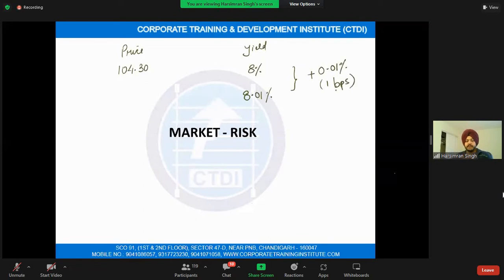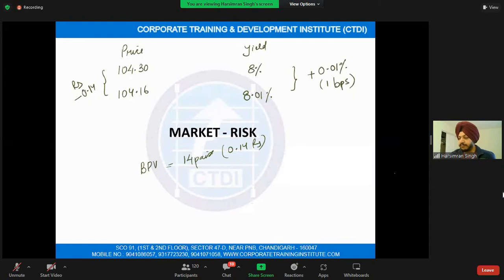The price goes down by, let us say, 14 paisa. So let us say 104.16. So the change is minus 0.14 rupees. So I can say that BPV, basis point value, is 14 paisa. That means 0.14 rupees.